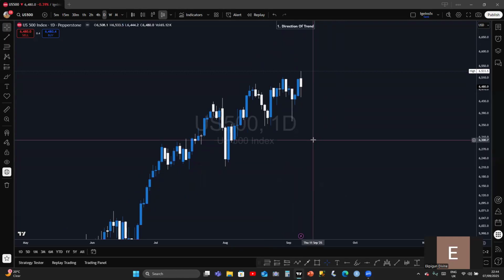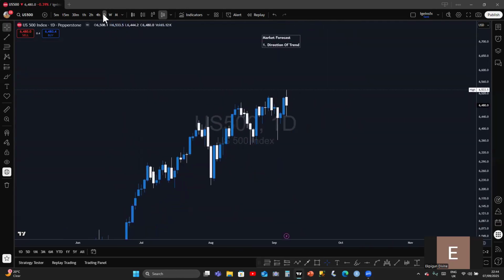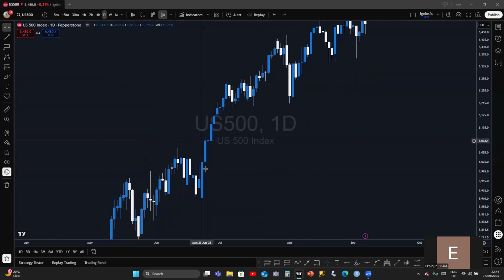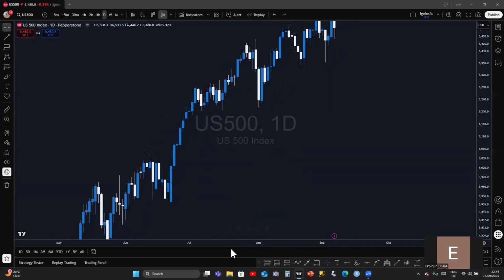That makes you an intraday trader or a day trader. So you start from the daily time frame, all right? You click this D, that is daily time frame. Each candlestick represents a day, all right?